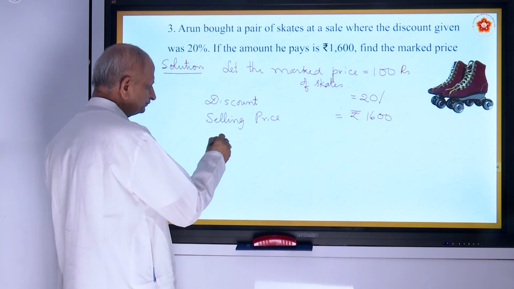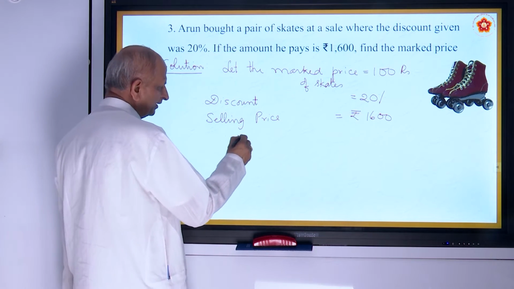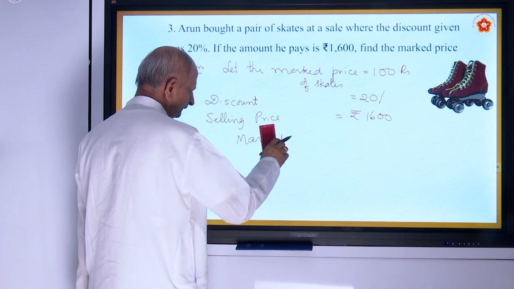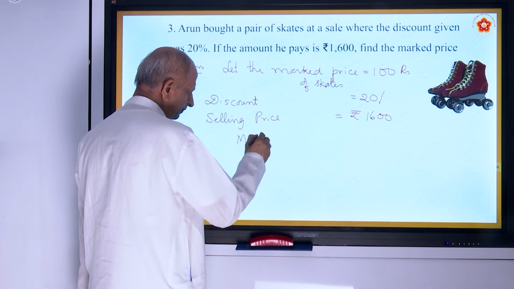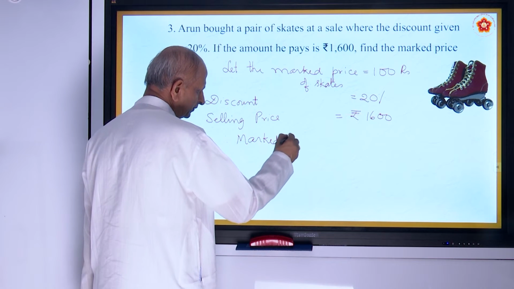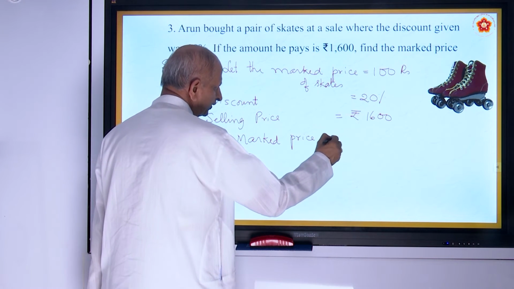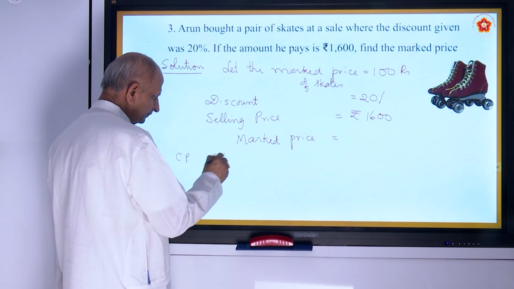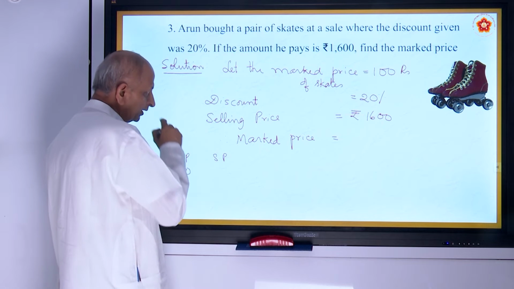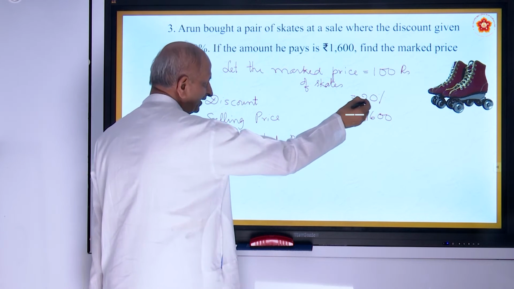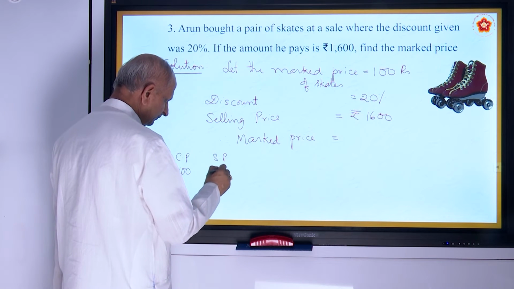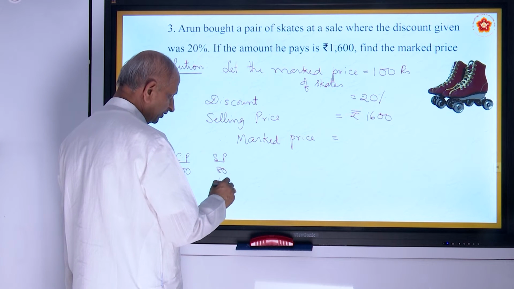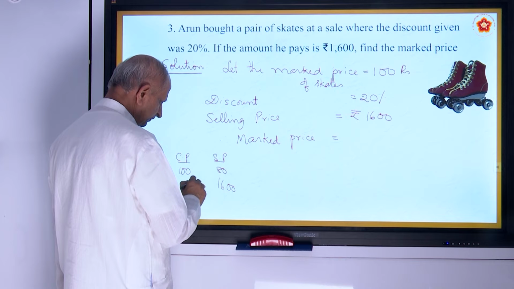And therefore, the market price: if 100 rupees is the market price, the selling price will be 20% less, means 80. Now, here you are given the selling price to be 1600. What is the market price?